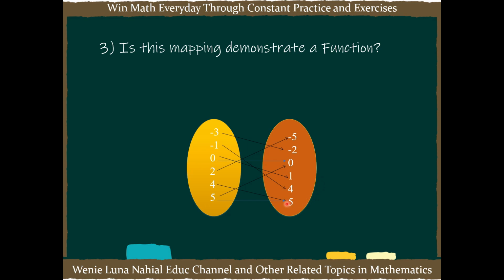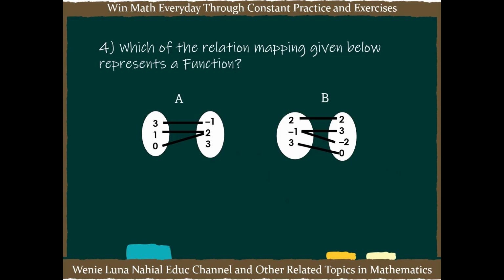So there is no unique association of 0 and 5 to the other side of the numbers. So we can say that this mapping does not represent or demonstrate a function.